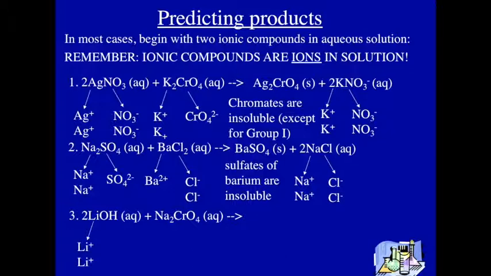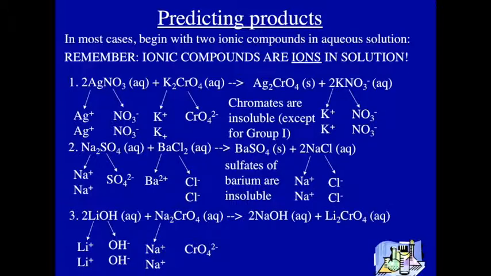So what we would have on one side are my 2 lithium ions floating, my 2 hydroxides in solution, my 2 sodium ions in solution, and my chromate in solution. But what that would really mean is that hydroxides, whether they are lithium hydroxide or sodium hydroxide, still dissolve in water. My sodium chromate and my lithium chromate also dissolve in water.